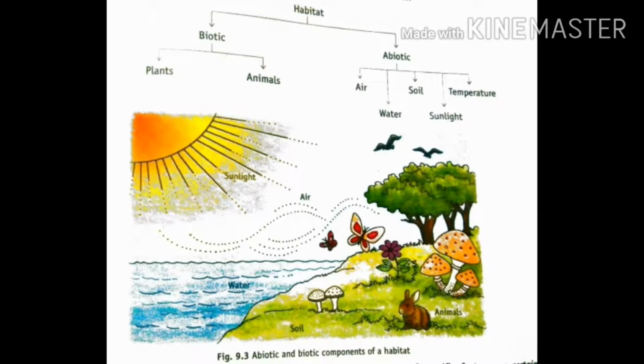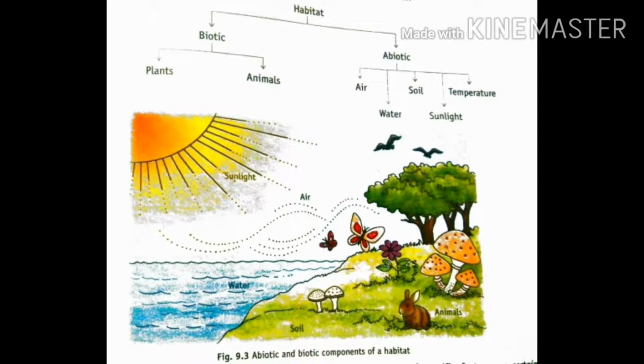These include air, water, soil, sunlight, temperature and so on. These components affect the living organisms found in the area. The habitat contains both biotic and abiotic components.